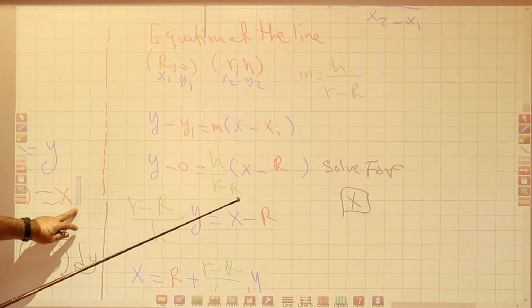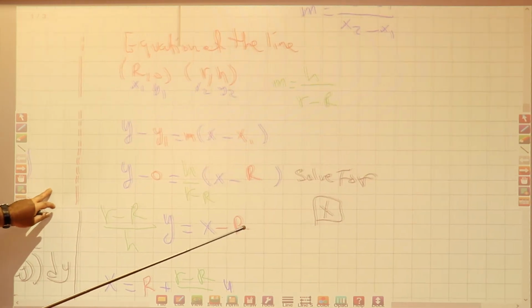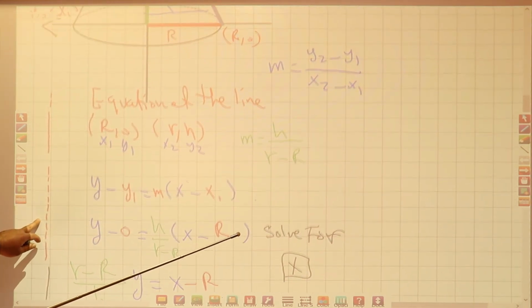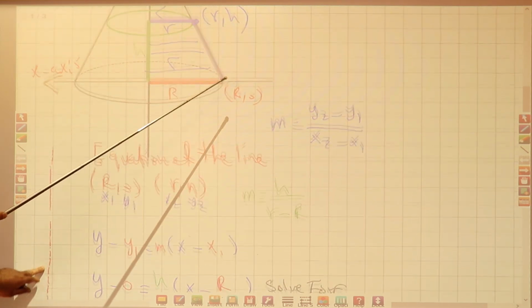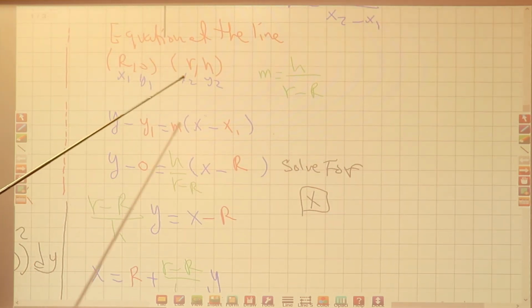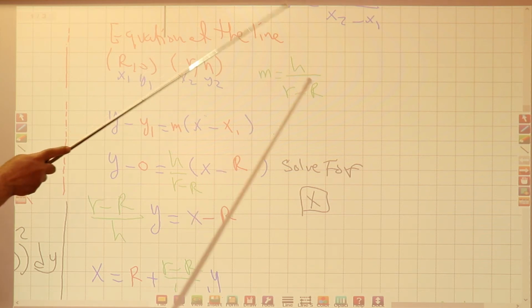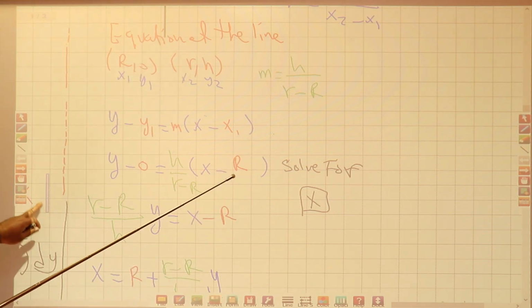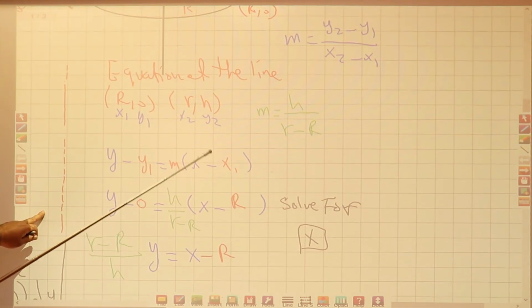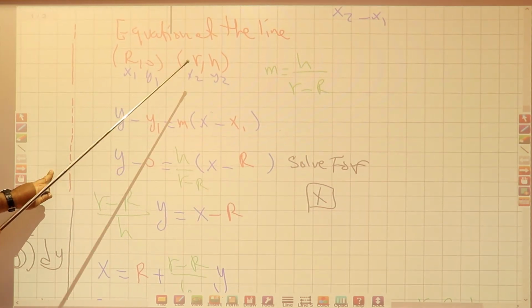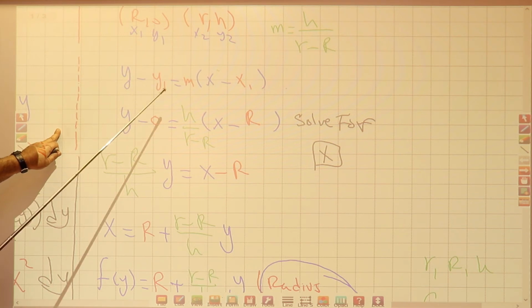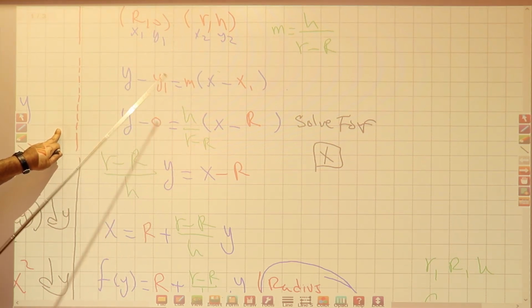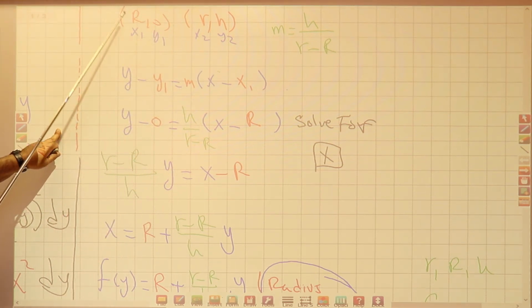Let me put everything together to see the line. You see this line has two endpoints, (R, h) and (r, 0). Find the slope: y2 minus y1 over x2 minus x1. y2 is h, y1 is 0, and R minus r in the bottom. y minus y1 equals m times x minus x1. y1 is what, guys? 0.